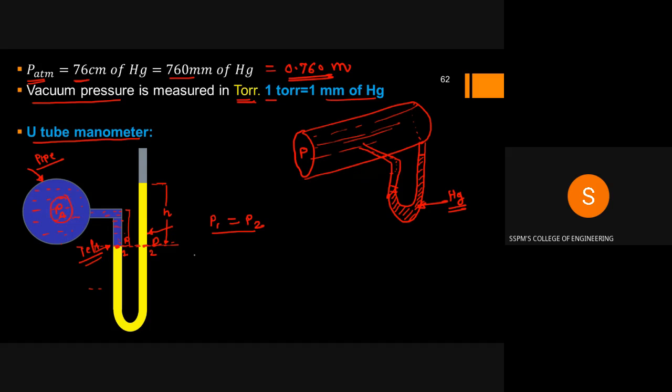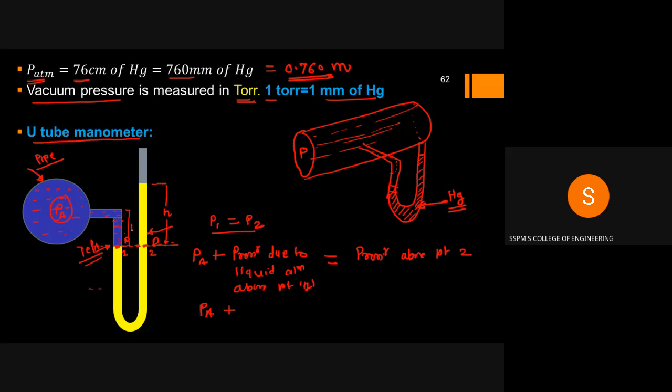So P1 is equal to PA plus the pressure due to the liquid column above the point 1. On the right side, we just have the mercury, so this is equal to the pressure above the point 2. So PA is the pressure inside the pipe plus the liquid column above the point 1.